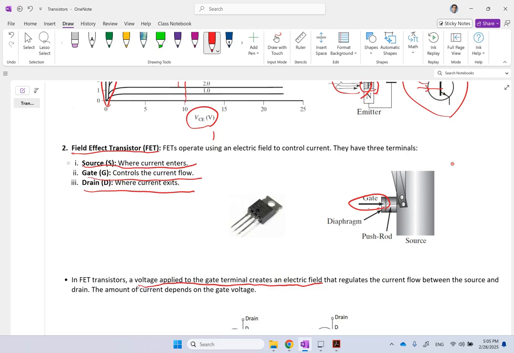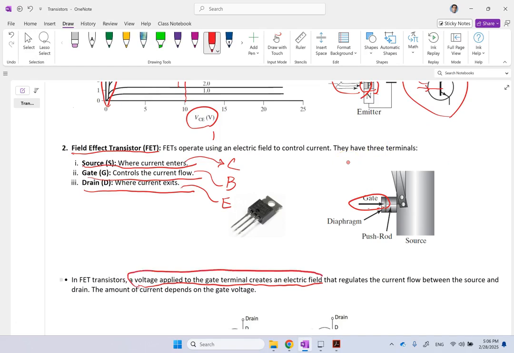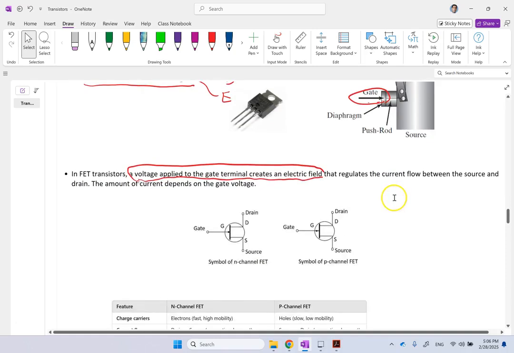So for NPN, you can say that this is similar to collector. For NPN, this is similar to emitter, and this is similar to base for NPN. For PNP, then the place of collector and emitter is reversed. Okay, so first thing is they are voltage driven. The switching is decided based on voltage to the gate, not current.